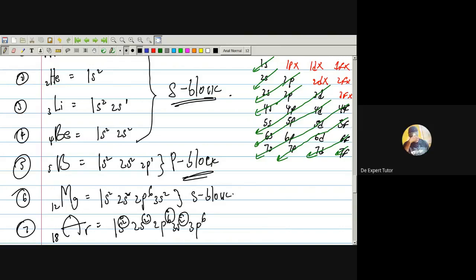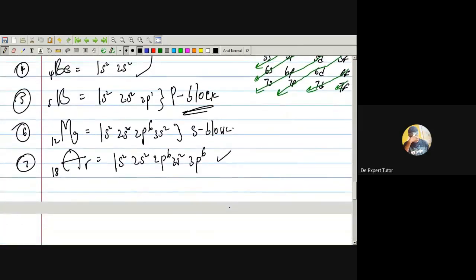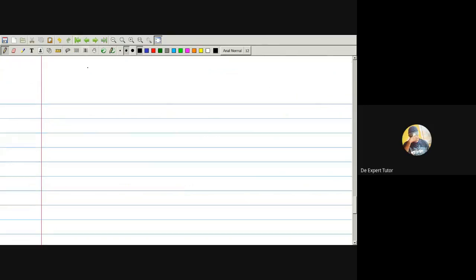Plus 2 is 12. Plus 6 is 18, right? So I have 18 electrons and this is completed. So it is in the p block. We have done them. That's how to write electronic configuration.